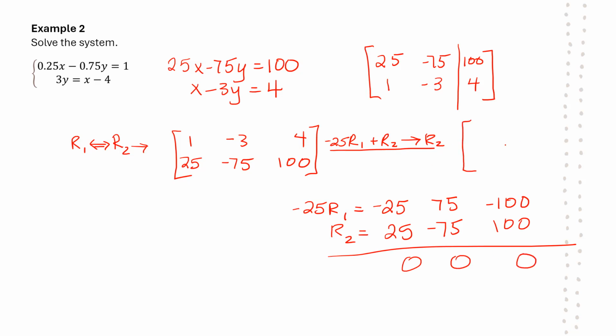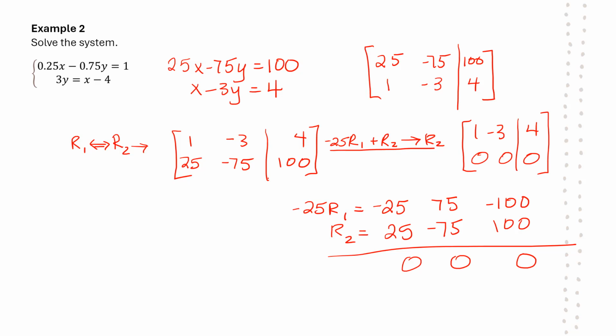So the matrix will have all zeros in that last row, and it will still have this in the first row. And so what that tells us is 0 plus 0 equals 0, which is true, but it doesn't really give us a lot of information about what x or y is, because, as I said, these two equations represent the same exact line.